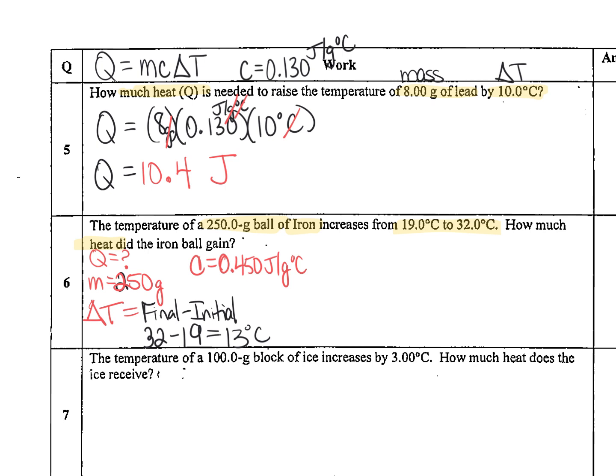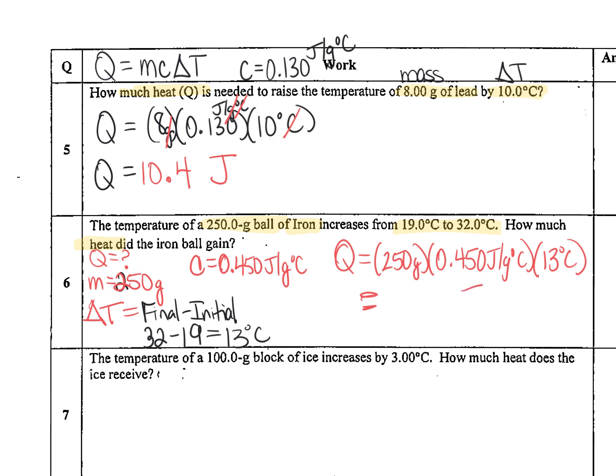So now that I've got all my pieces of information, I can go ahead and calculate my Q. Q is going to be equal to the mass, which is 250 grams, times the specific heat, which is 0.450 joules per gram degrees Celsius, times the change in temperature, which is 13 degrees Celsius. So remember that Q is going to be in the unit of joules. So you should get an answer of 1,462.5 joules for question number 6.